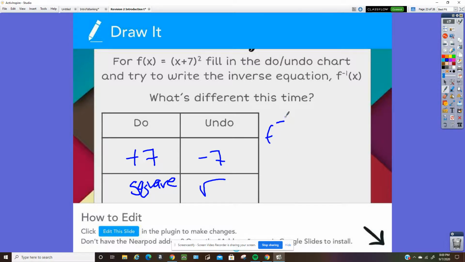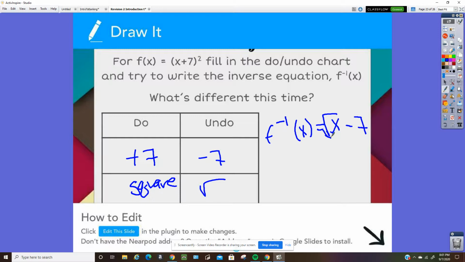The difference this time is the parentheses there. So in this one, it would be write down the x, take the square root, and the 7, subtract 7 is not under the radical.